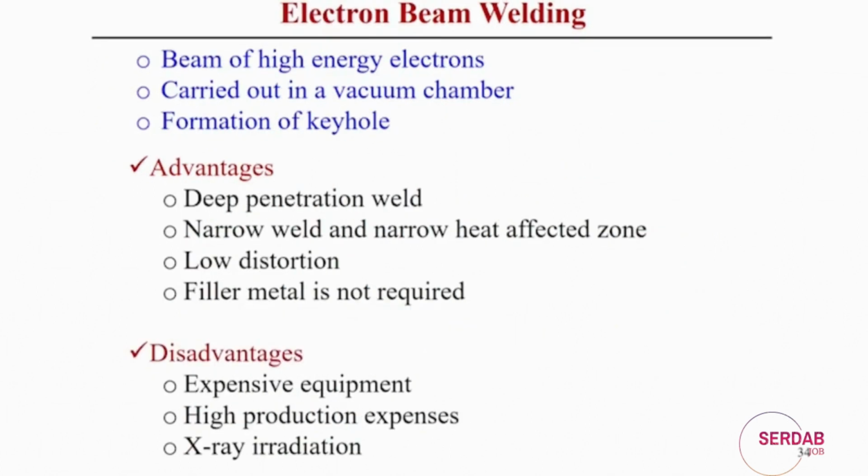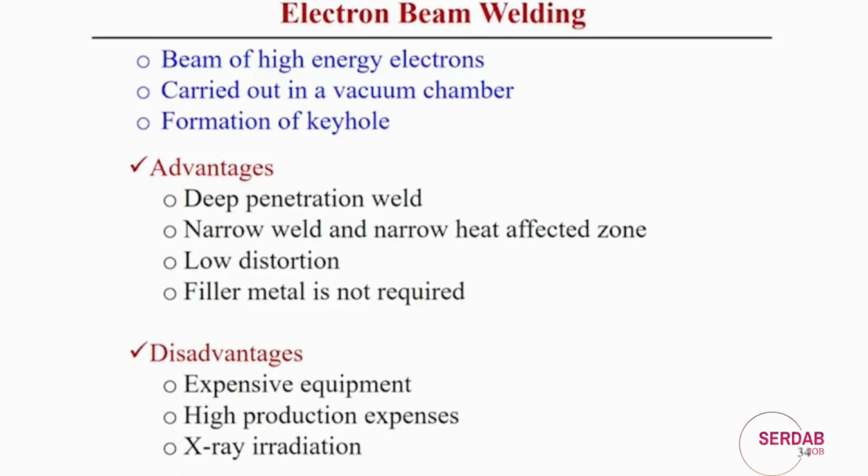Next we can look into another high beam energy welding process, that is called the electron beam welding process. In this case, there is a high beam of flow of electrons, and this process is definitely carried out under vacuum, so that the flow of the beam cannot be affected by the atmosphere.